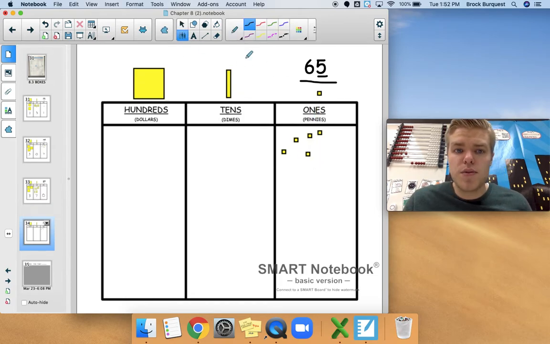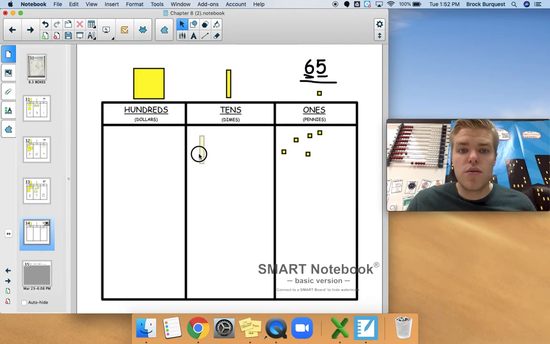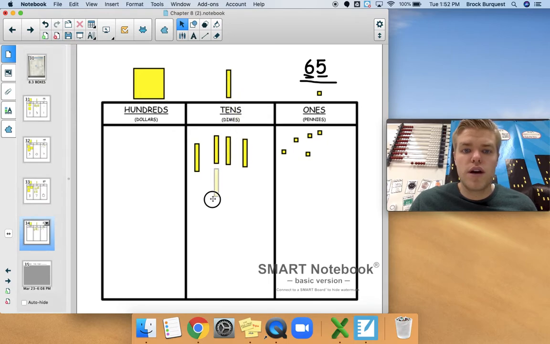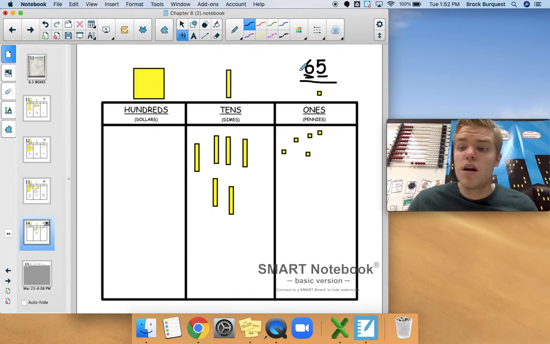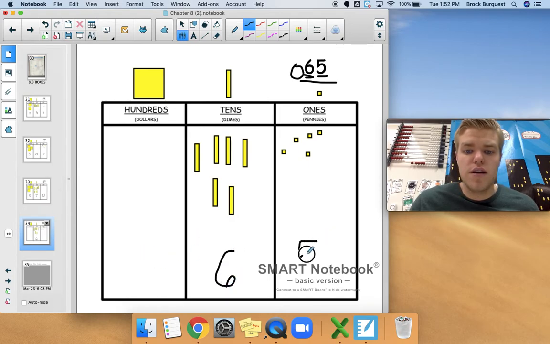And in my tens place, that's this number right here, I have 6. So I'm going to drag 1, 2, 3, 4, 5, and 6. Now, friends, do you see a number in the hundreds place? If you don't, you can think of that being a 0 right there. So that means I'd move 0 hundreds over. So I have 6 right here and 5 right here. So I have 65. Awesome.